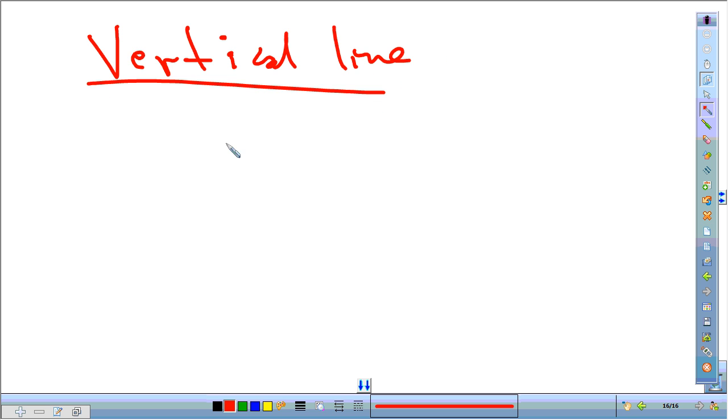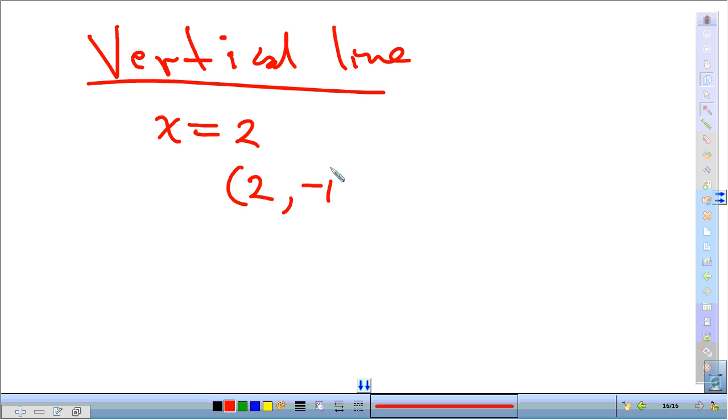Vertical lines. So if I have something like x equal 2, and I'm supposed to be talking about ordered pairs x and y, the y is unspecified, so I could get points like (2, -1), (2, 2). So any point where the first variable is 2, I can substitute any y, -1 in this case, and 2.